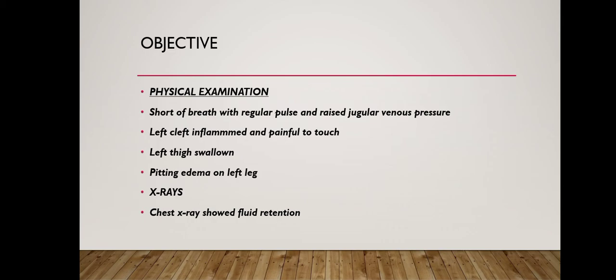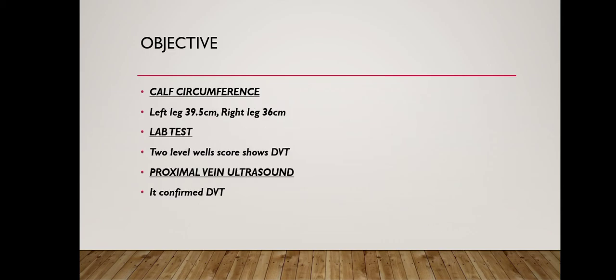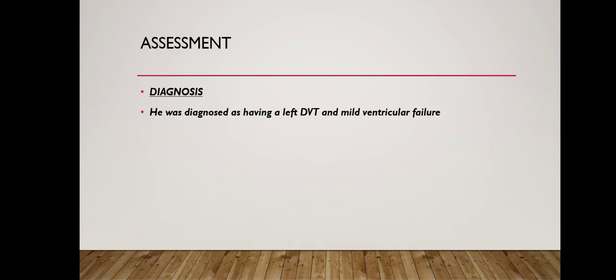Chest X-ray basically showed fluid retention, and calf circumferences were measured, and these are mentioned here. Further lab tests included the 2-level Wells score. It showed the presence of DVT, and proximal vein ultrasound further confirmed the DVT. So that person was diagnosed to have left DVT and mild ventricular failure.